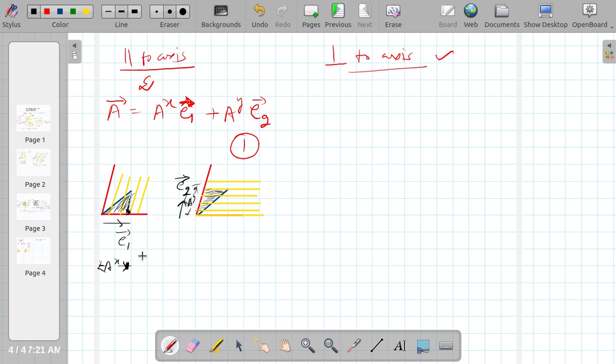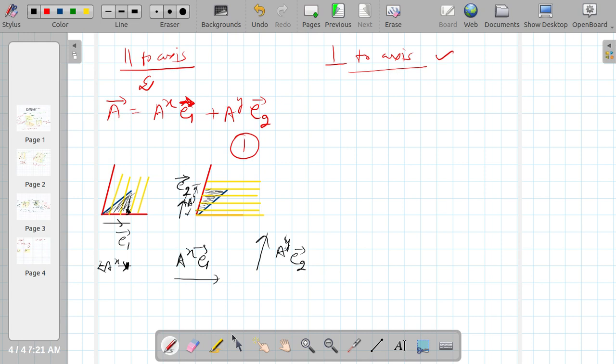So this vector is AX E1 vector, along this way, and this vector is represented by AY and E2 vector. So this is simply the sum of these two vectors, because it forms a parallelogram. This is according to the parallelogram law of vector addition.